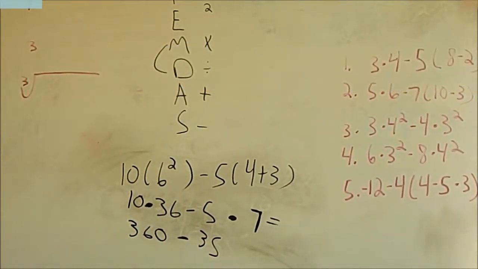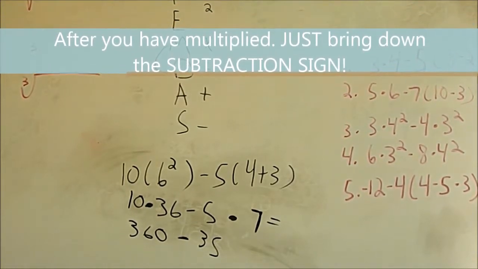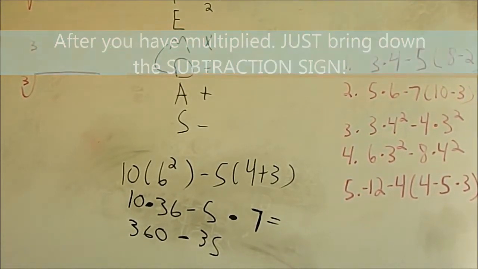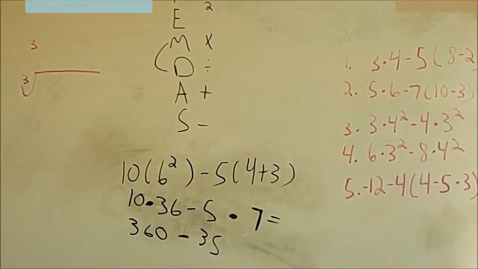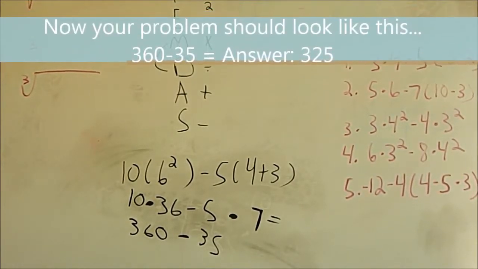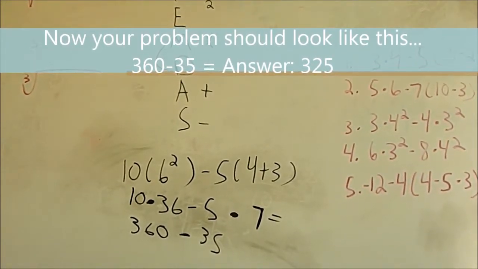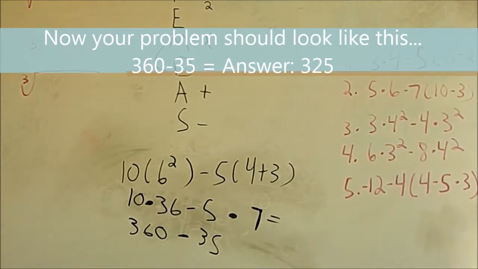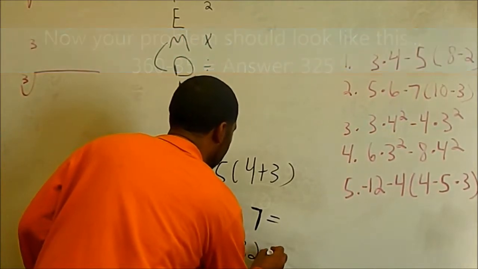That allows you to just do the math and not have to worry about confusing your integer rules. So now I have 360 minus 35. What's my answer? 325.